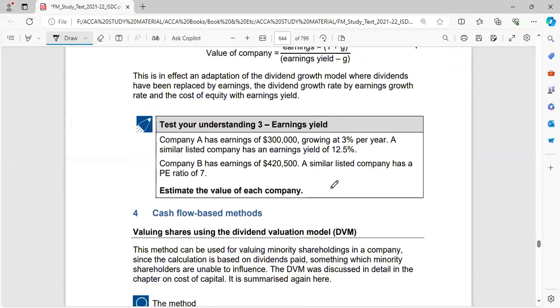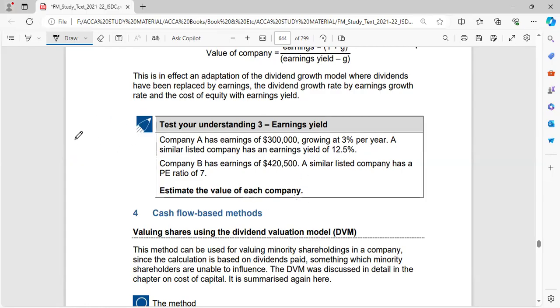You can see that he is saying that company A has earnings of 300,000 growing at a rate of 3%. A similar listed company has an earnings yield of 12.5%. Calculate the value of each company.